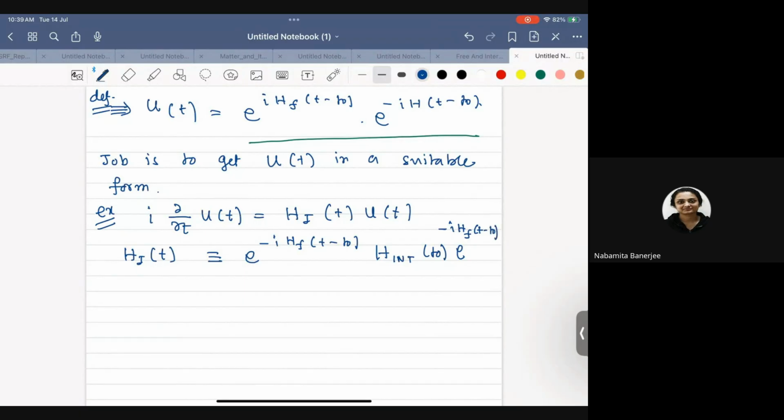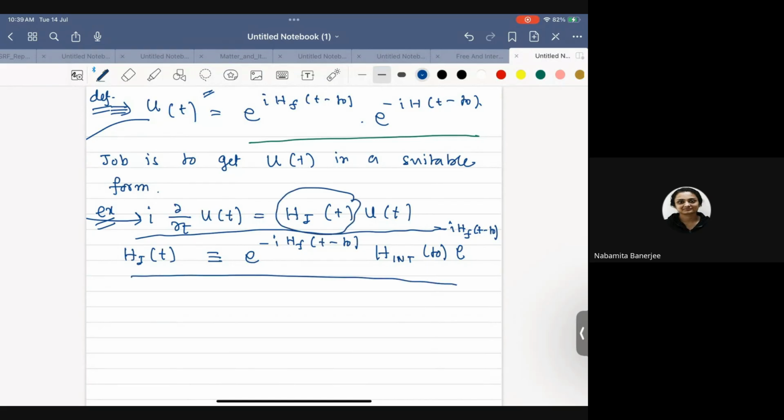Okay. So here, this line will lead to this line. You just have to take a derivative and you will see that this is what you are getting. So once I have it with an H_I(t) here, where H_I(t) by definition is this quantity, I know the equation of U.